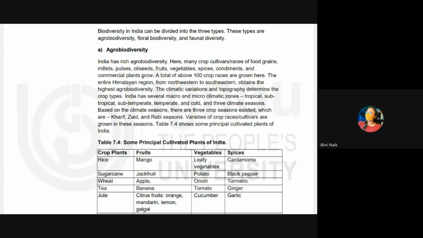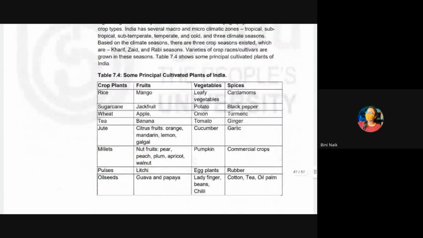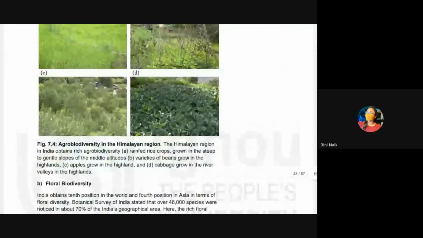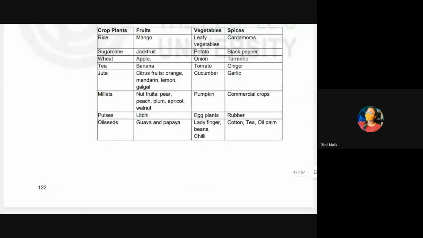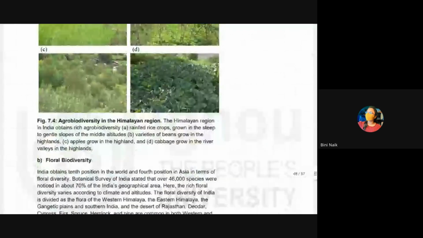So it depends. So that is why we do have different cropping patterns also. So there is a biodiversity within the agriculture of India. So that is what has been written here. You can go through it. Now, which regions are basically characterized by which crops, and what is their staple food?